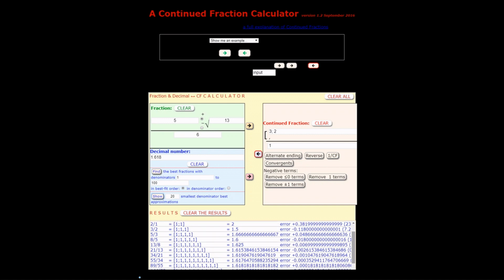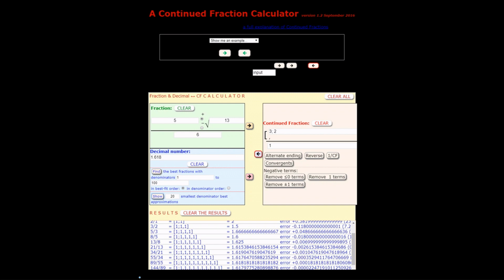You can't see the error here, but 8 on 5 is only 1% error margin. So you can see it's 1.6 compared to 1.618. By the time you get to 13 on 8, you're less than 0.5% away. So you're 1.625 compared to 1.618. So that's not a bad place to say, okay, maybe we can use 833 cents as an approximation of 13 on 8.